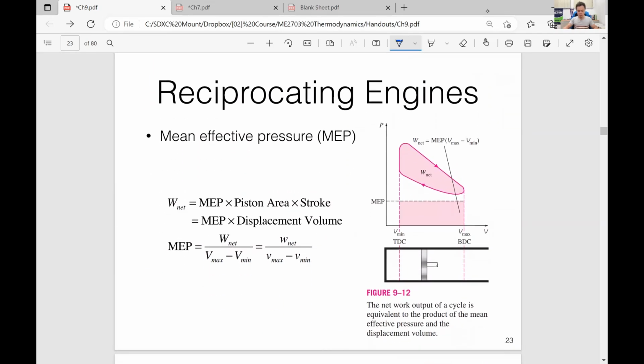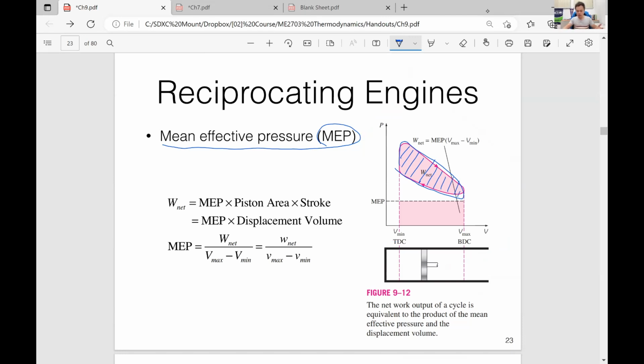All right. Then there's another name you need to know, which is mean effective pressure, or MEP. What is MEP? Look at this PV diagram. This is the process curve. We know the area enclosed by the process curve represents the net work.